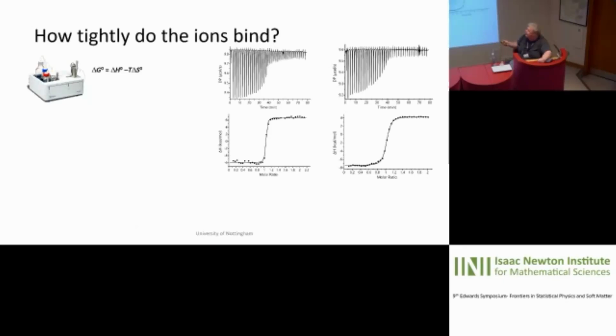If you can fit that, you can get a KD, dissociation constant, which is related to free energy. Use that, you can also get the entropy. So in one experiment, you can determine all the parameters. That's nice, and you can do it for copper and for silver.